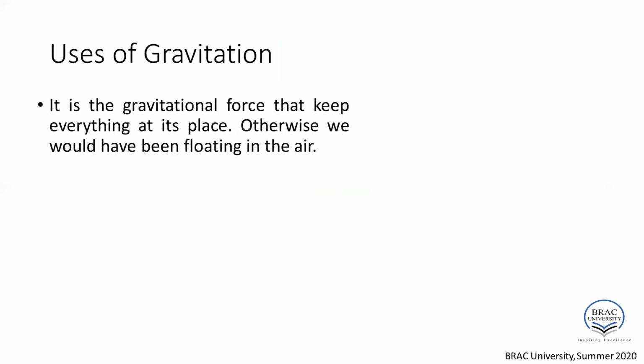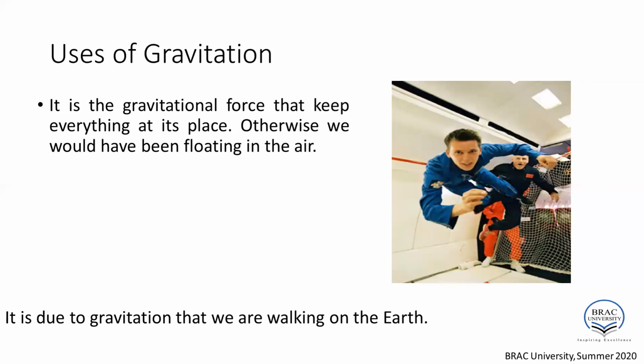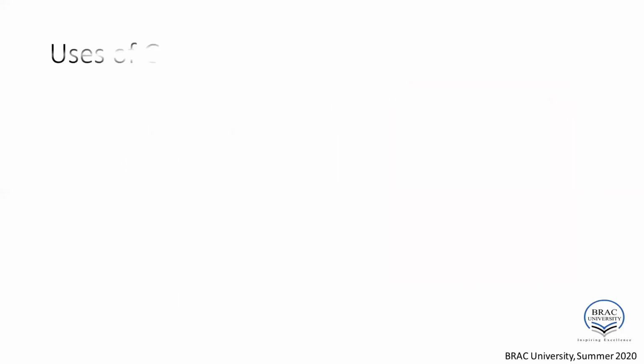Now, uses of gravitation. It is the gravitational force that keeps everything in its place. Otherwise, we would have been floating in the air. So it is due to gravitation that we are walking on the earth.